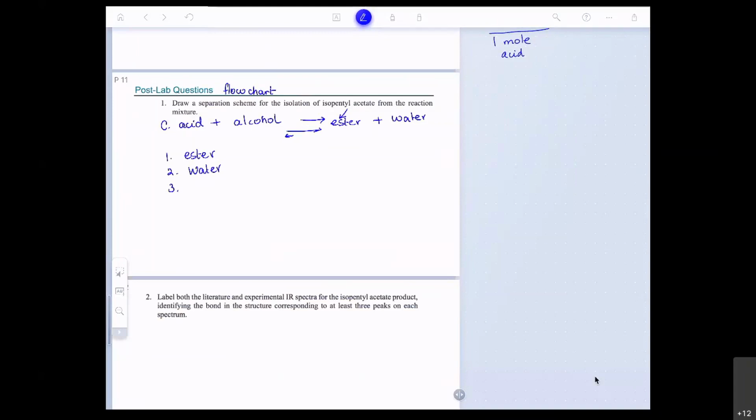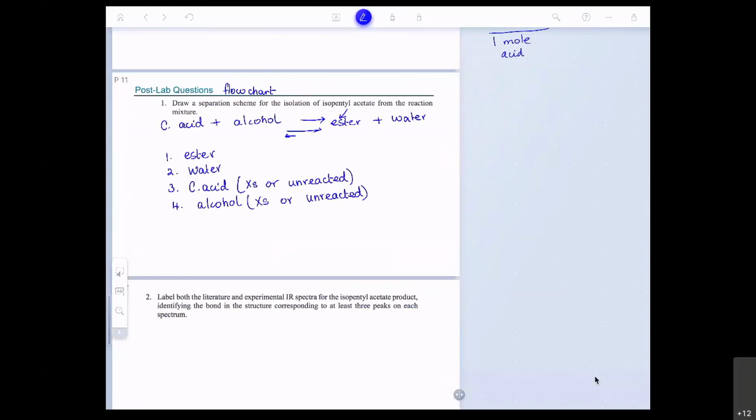You're going to find out what the limiting reactant is. Invariably, you're going to have carboxylic acid. Either it's going to be in excess or it's going to be some unreacted carboxylic acid, because it is still an equilibrium reaction, so you're going to have a little bit of that left. You're going to have alcohol. Hopefully that's not in too much excess, but whatever it is, it could still be some unreacted.